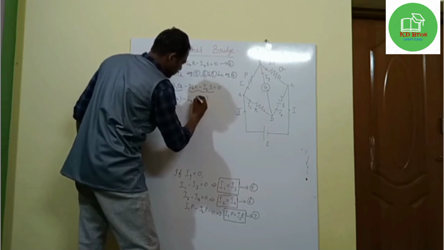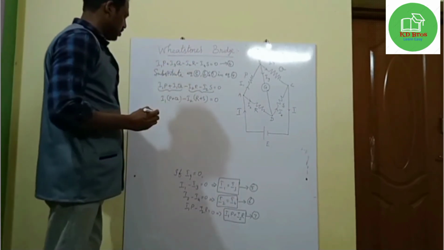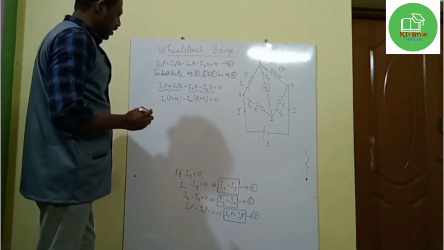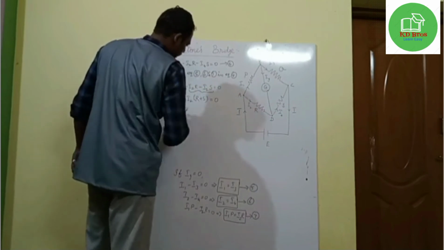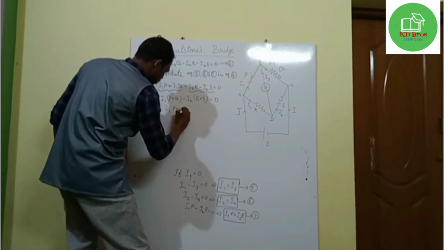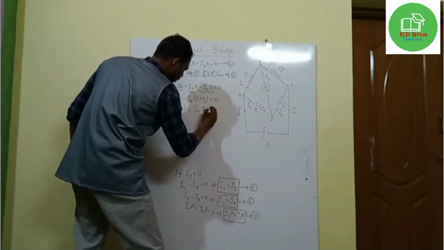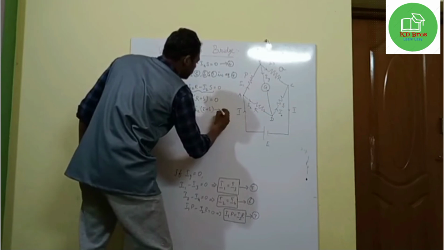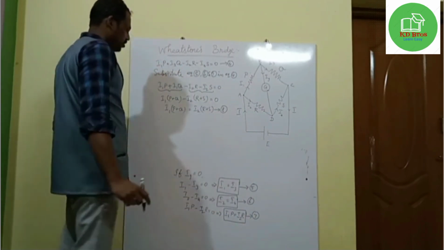R plus S, which is equal to 0. Now after this we have to bring this I2 term to the right hand side. Then I1 times P plus Q is equal to I2 times R plus S. And this is equation number 8.